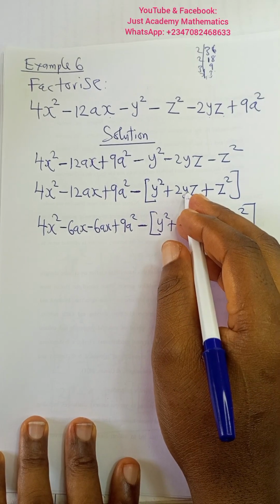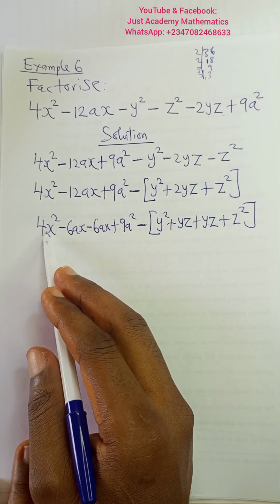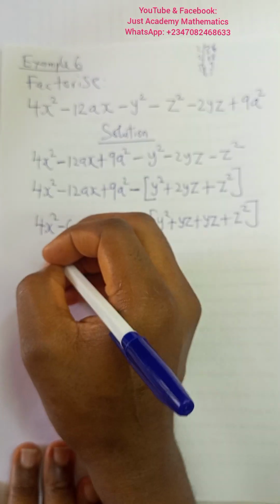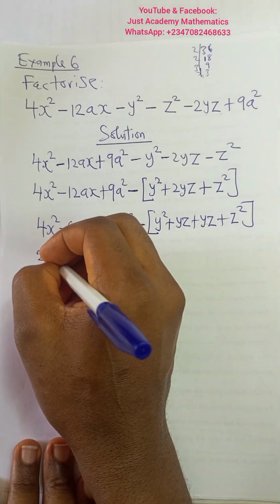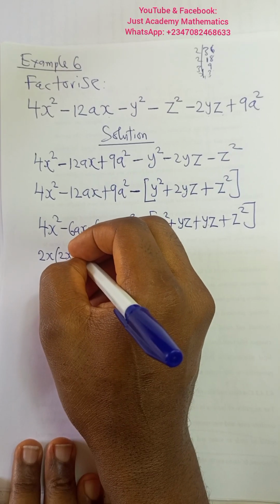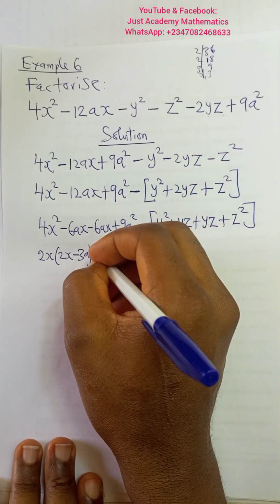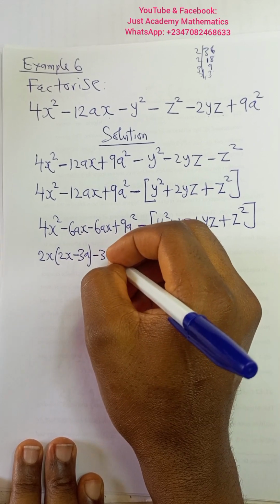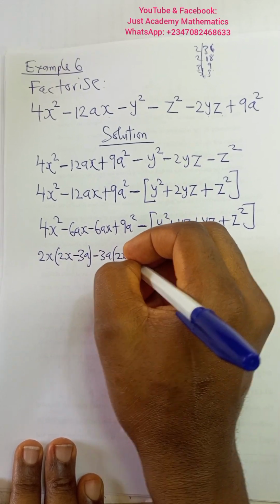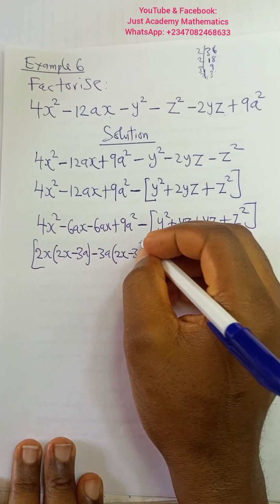Because this plus this will give you this. Now, let's factorize in pairs. In these first two, what is common? 2X is outside. What will remain? It will remain 2X minus 3A. In this one, what is common? Minus 3A is outside. It will remain 2X minus 3A.